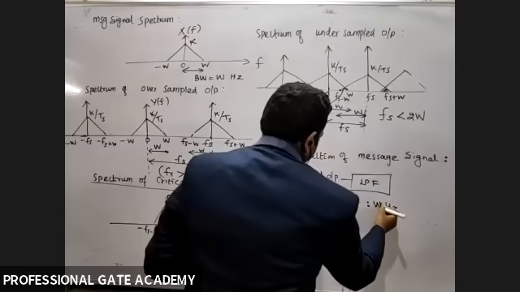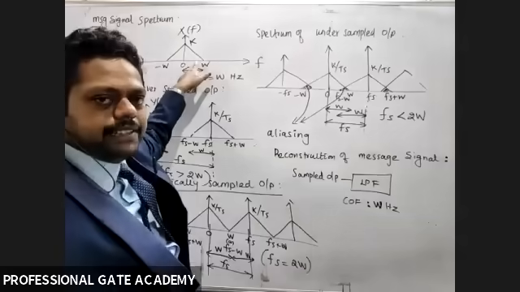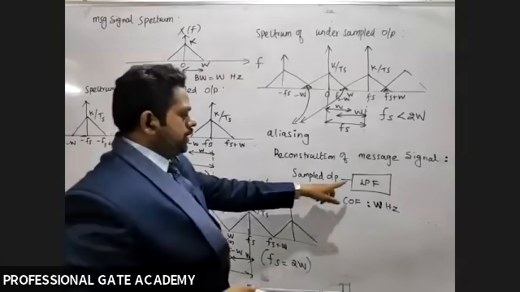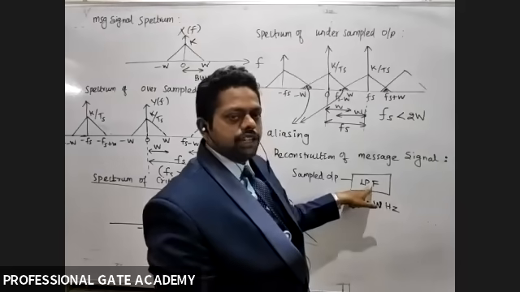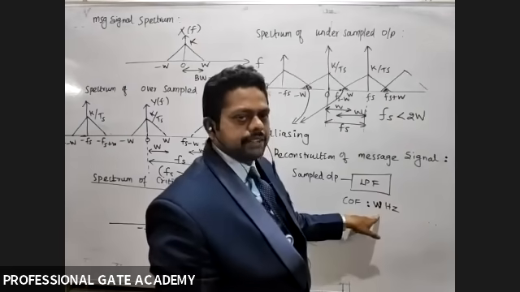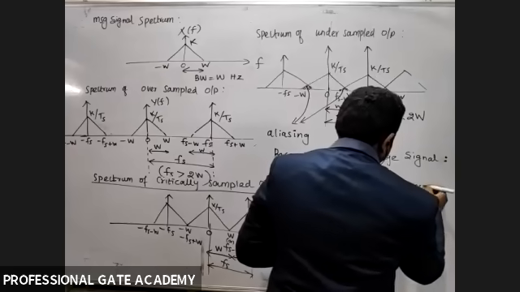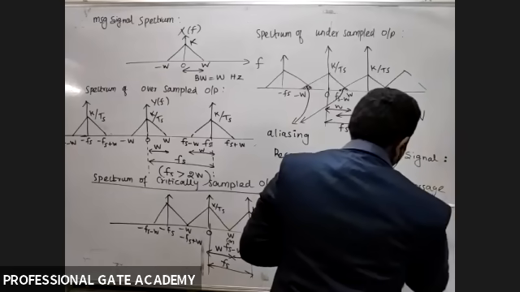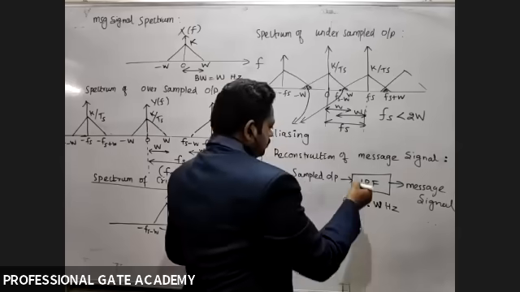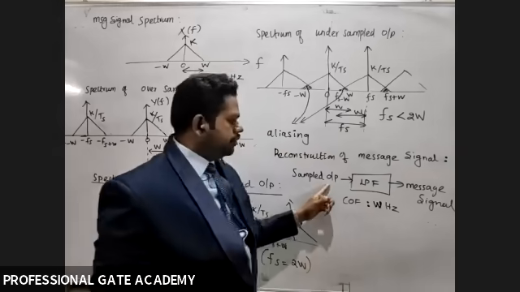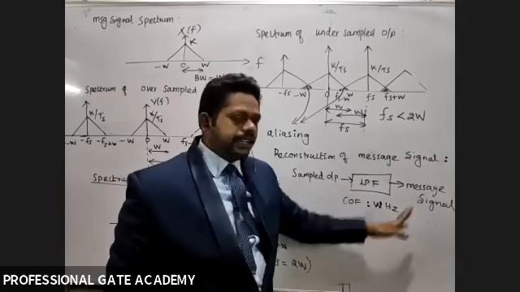So what is the bandwidth of the message signal? W. So the low pass filter has to select only the message signal. So the low pass filter cutoff frequency is the same as the message signal bandwidth. Then the output is the message signal. So by passing the sampled output through a low pass filter, we can reconstruct the message signal.